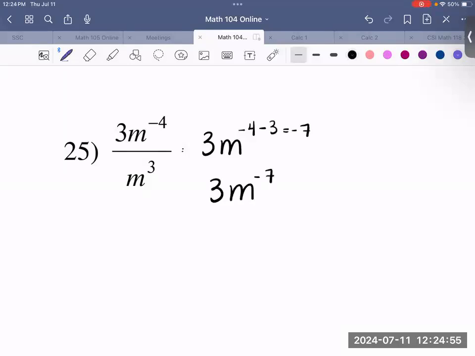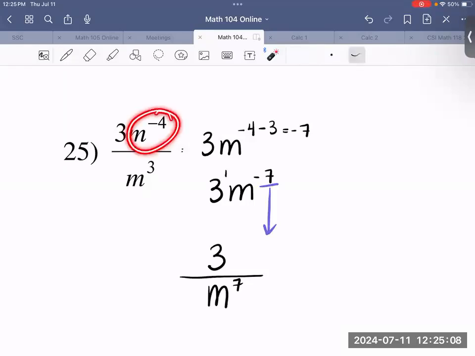If your value is negative, then we're going to drop that whole item down. 3 still having that positive exponent gets to stay, m to the 7th. So this is one way you can do it. If you do not move m to the fourth down, you can still subtract these two values. It'll just make them a little more negative. You can also put it down and add.